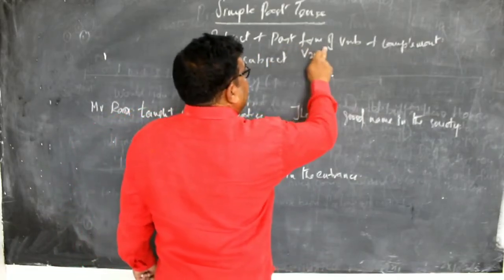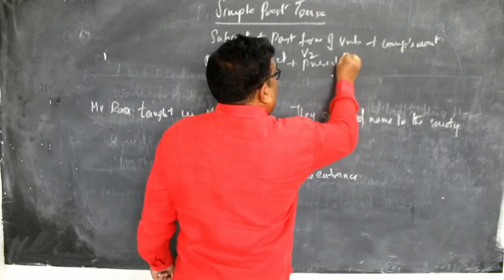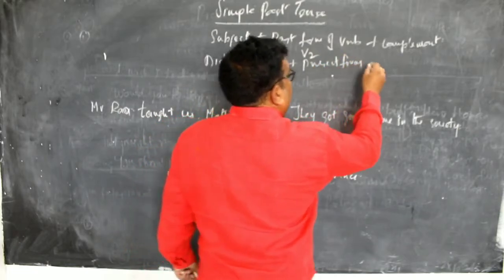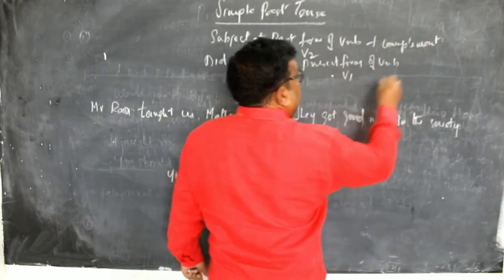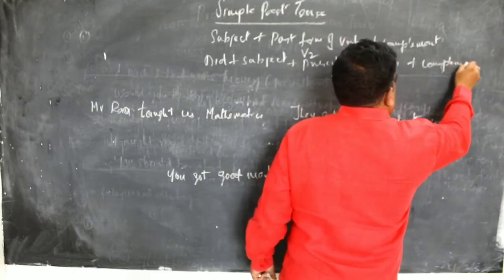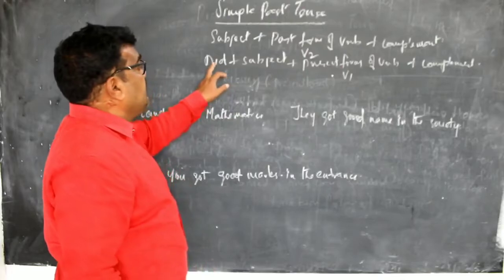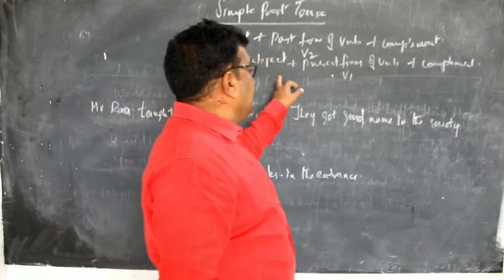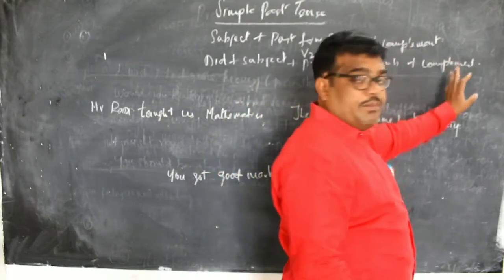Here we will have the past form, but here there will be the present form of the verb, that is verb 1 plus complement. Once again, the structure is did plus subject plus present form of verb 1 plus complement.